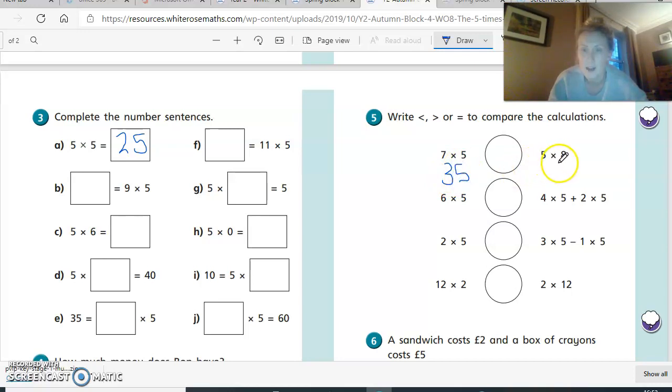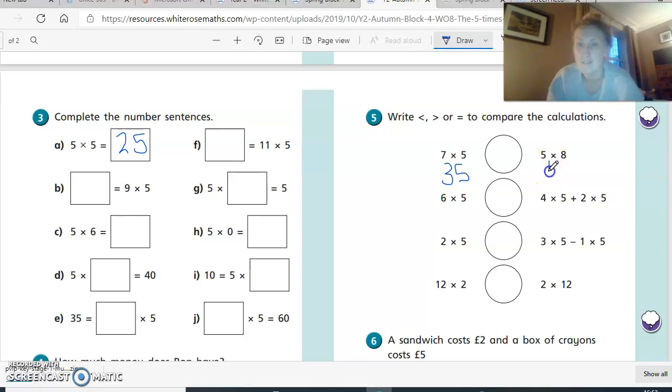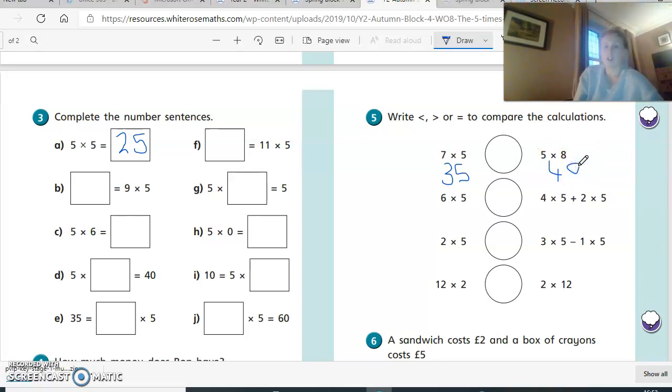Let's have a look at this. 5 times 8, okay? 5, 10, 15, 20, 25, 30, 35, 40. Okay, that is 40. I'm going to write that under there to help me with my more than and less than. So I know that 40 is bigger than 35, so I need to make sure my more than symbol is open at the 40. My 40 is bigger, so it needs to fit in the bigger space, okay?